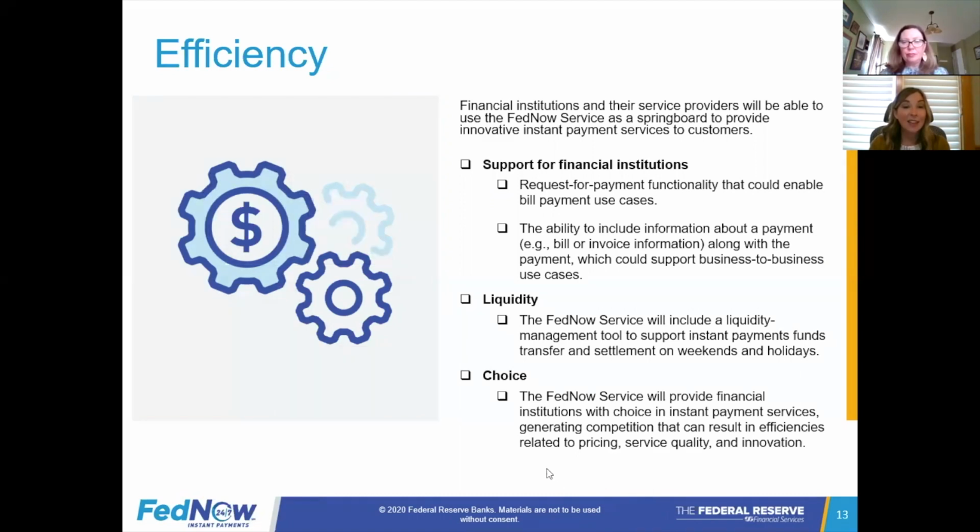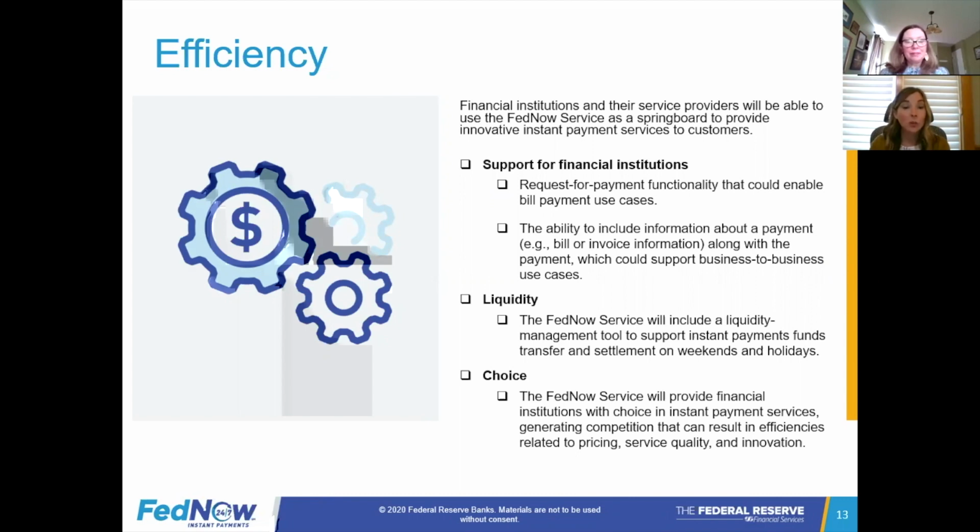Next, given that instant payments involve payment by payment settlement between banks on a 24/7 by 365 basis, the Federal Reserve recognized the industry's concerns about having adequate funds in their Federal Reserve accounts to settle instant payments on weekends and holidays. To address these concerns, the FedNow service will include a liquidity management tool that will allow participants to transfer funds to each other in support of liquidity needs.